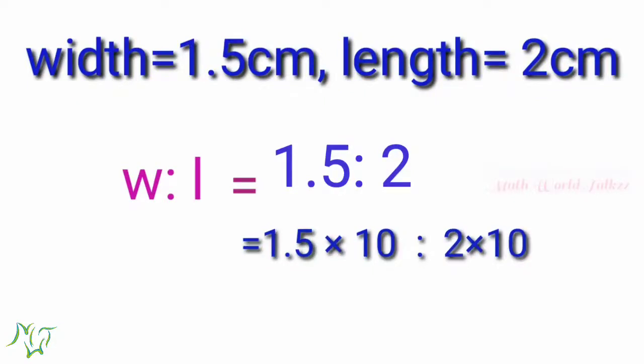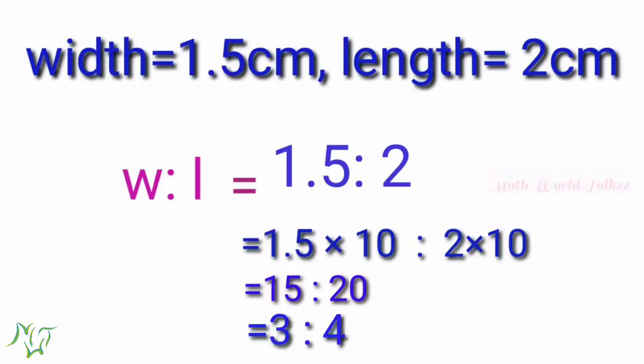Here 1.5 into 10 is 15 is to 20. So 15:20. Any common numbers in both 15 and 20? Yes, 5 is a common number. So divide each number with 5. So we get 3:4. This is the ratio of width to length of this rectangle.